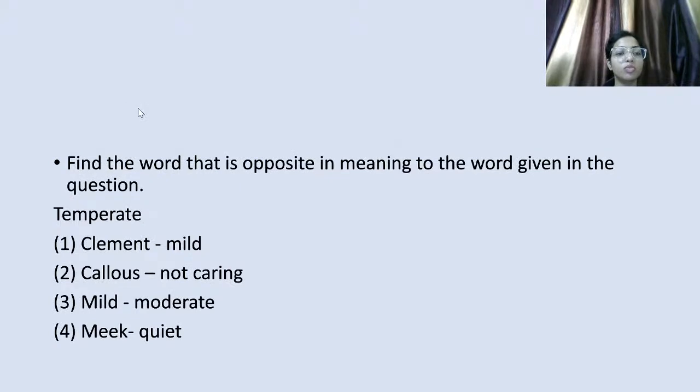So let's move to another slide. Find the word opposite in meaning to the word given in the question, and that word is temperate. And my options are clement, callous, mild, meek. So please pay attention for 20, 30 seconds or so, and then I'll get back.